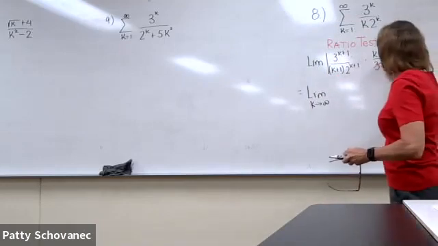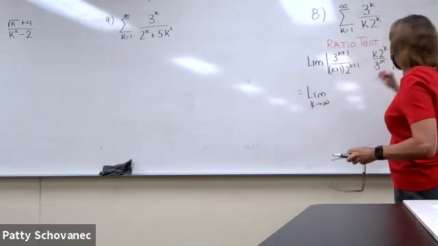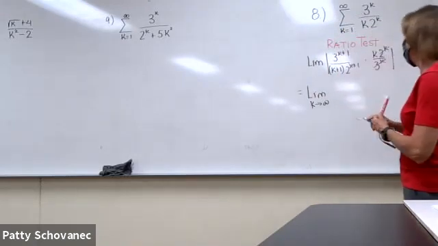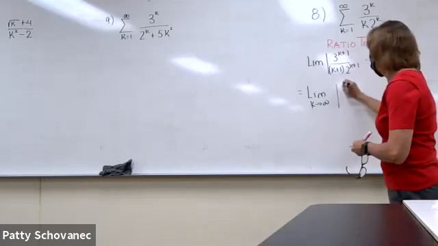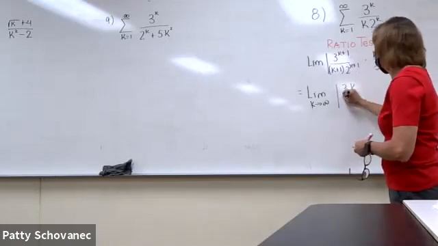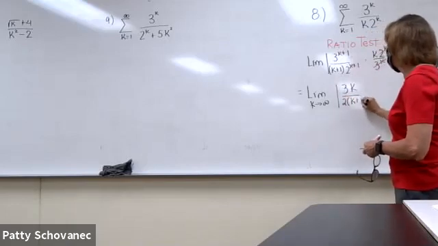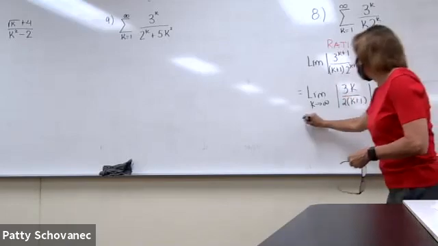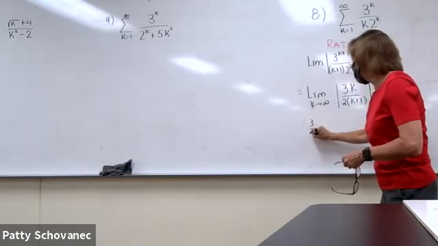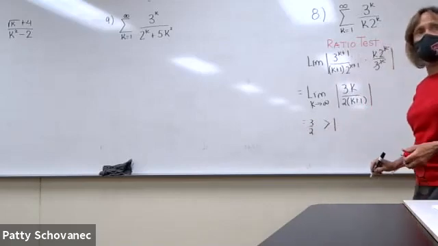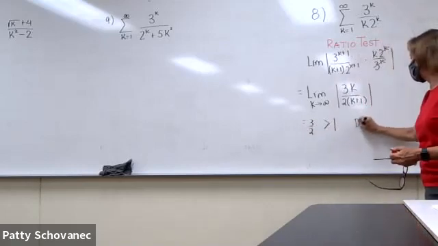Cancel 3 to the k, and 2 to the k. I have left 3 to the 1 times k on top, and 2 times k plus 1 on the bottom. So my limit is 3/2. In the ratio and the root test, we compare things to 1. That's bigger than 1. Bigger than 1 is divergent.